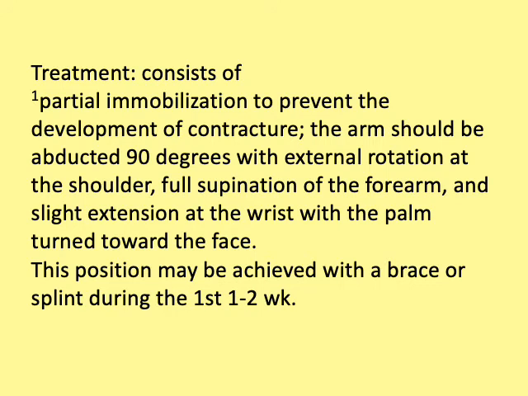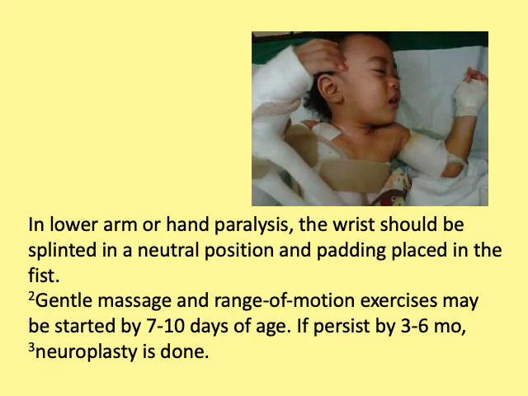This is the resting position of the upper limb. It is to be fixed like this in the first 1 to 2 weeks of life. In cases of lower arm and or hand paralysis, the wrist should be splinted in a neutral position and padding placed in the fist to prevent flexion of the hand.